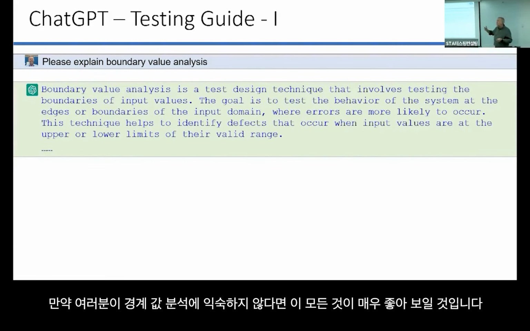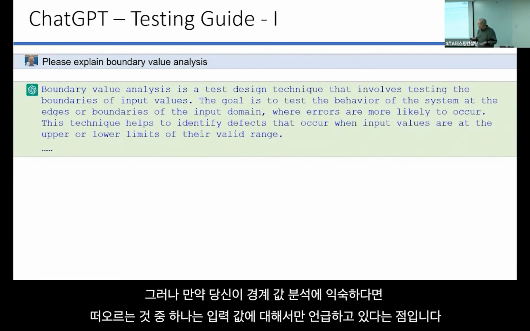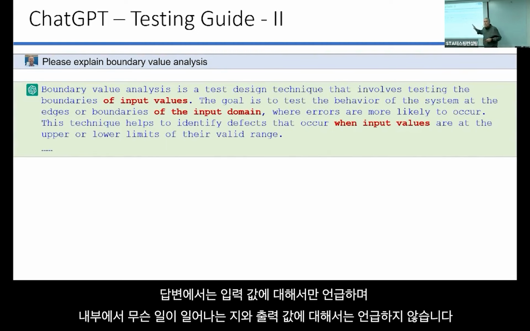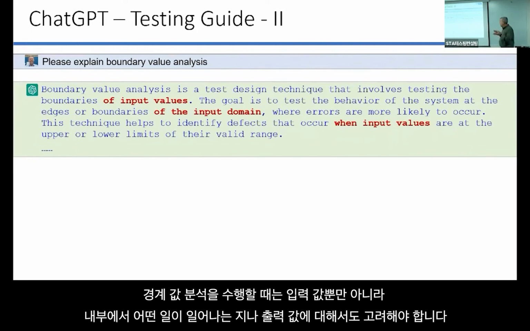If you're familiar with boundary value analysis, one of the things that should be coming to mind is that it's only talking about input values. It doesn't talk about anything happening inside or any of the output values. And if we're doing boundary value analysis, we have to consider those as well.